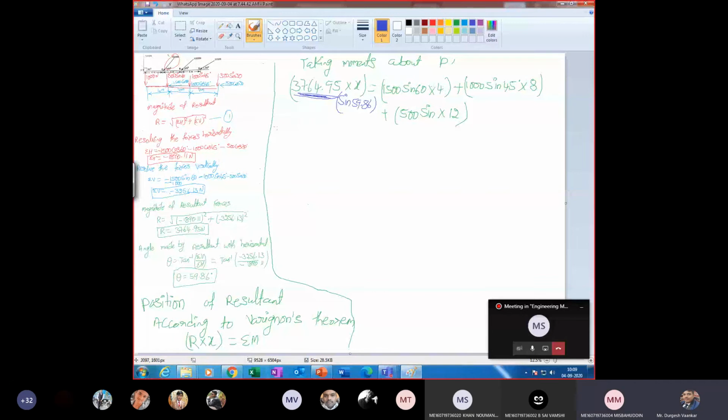See here, this one is also clockwise. Here also all the moments are clockwise only, which means the negative gets cancelled and you get all positive terms. So finally, what will you get, x equal to, if you add all these things. I will write that clearly.